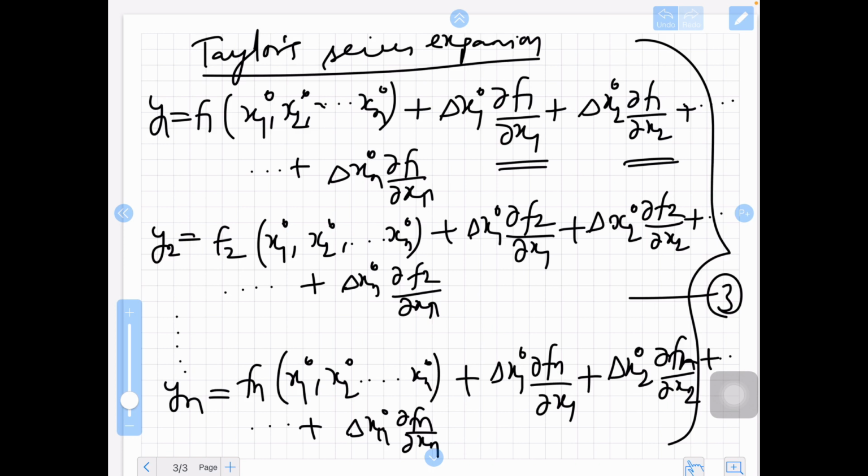Now let us consider the first term in the RHS. The first term in the RHS, let us take it to the left hand side and rewrite equation 3.